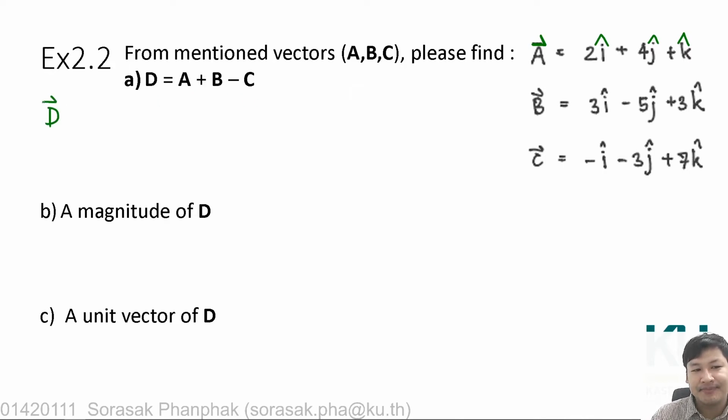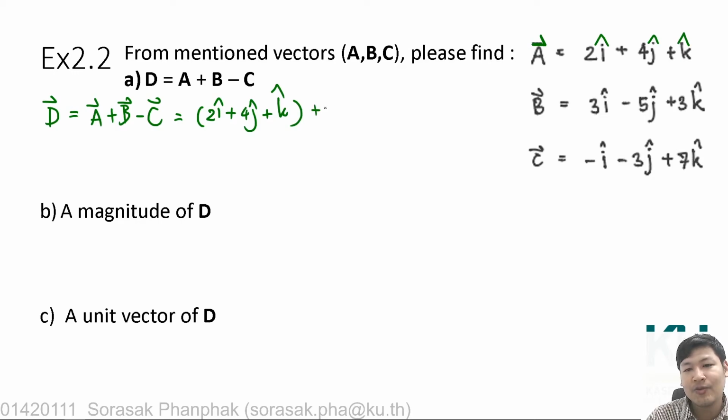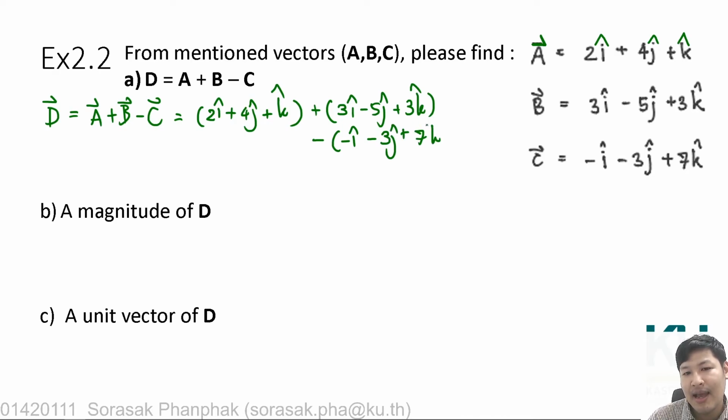If you like to find D in terms of A plus B minus C, you can substitute: 2i hat plus 4j hat and k hat, plus B, which is 3i hat minus 5j hat plus 3k hat. Now you subtract C, which is minus i hat minus 3j hat plus 7k hat.